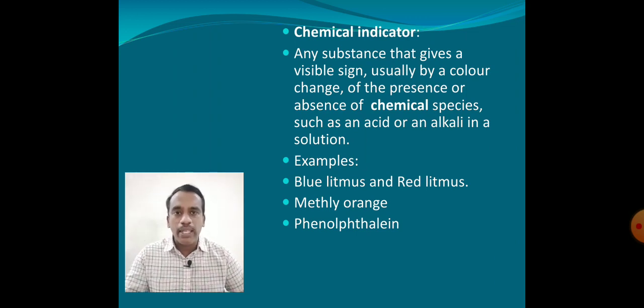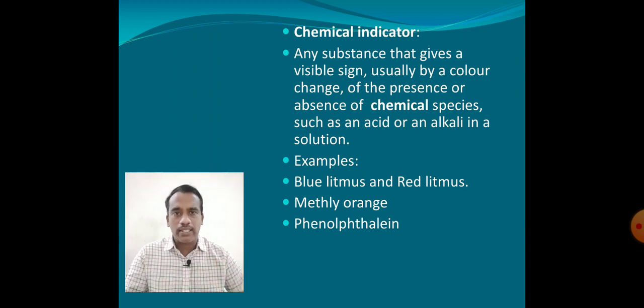Here our chemical indicator is a substance that will give a change in color in the presence of an acidic medium or in the presence of a basic medium. So what is an indicator, the chemical indicator here we call? See the definition once.